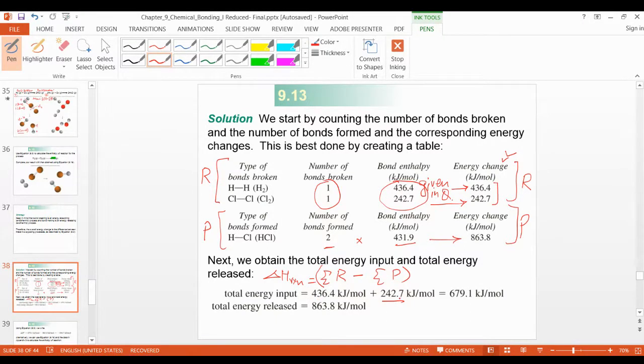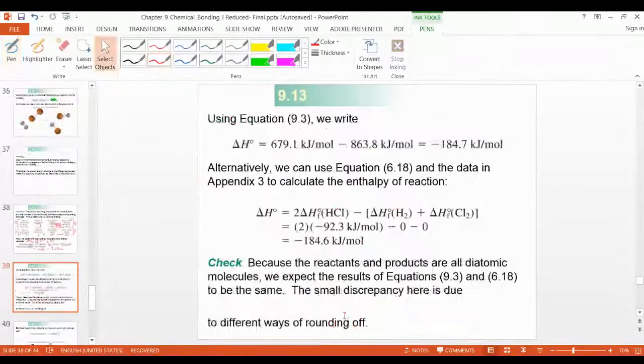You add these 2, whatever you get. For the product there is no need to add, only a single value. So now you put into the formula. Reactant 679.1 minus 863.2. How much do you get? 679 minus this, you get minus 184, right?